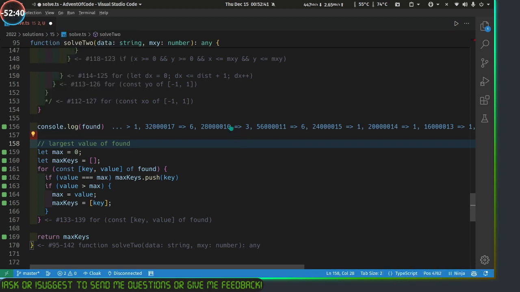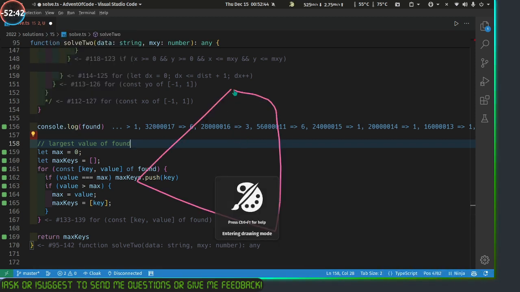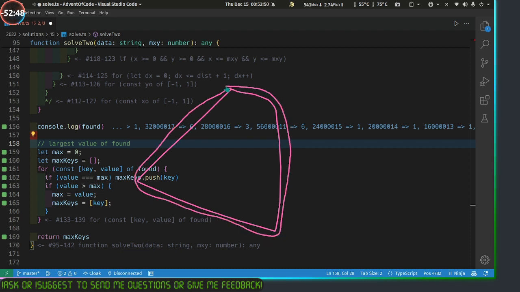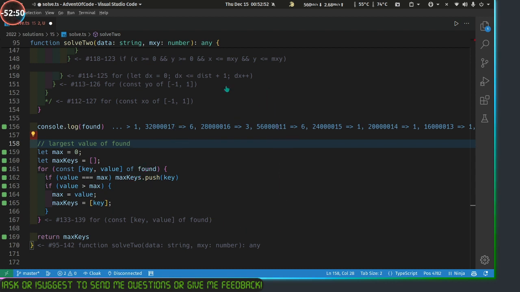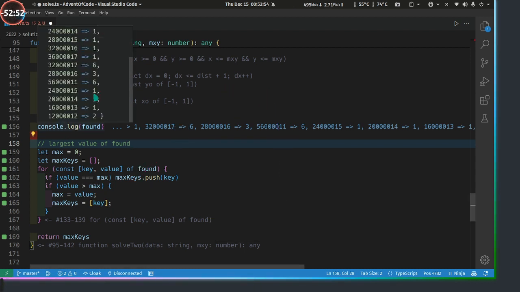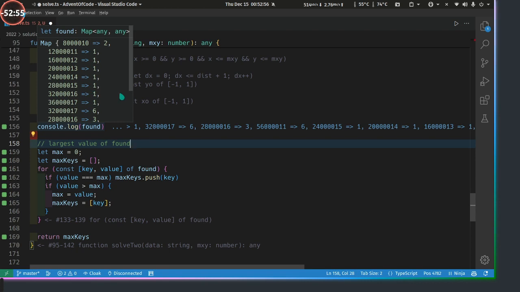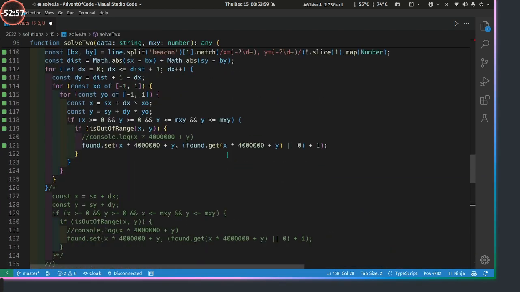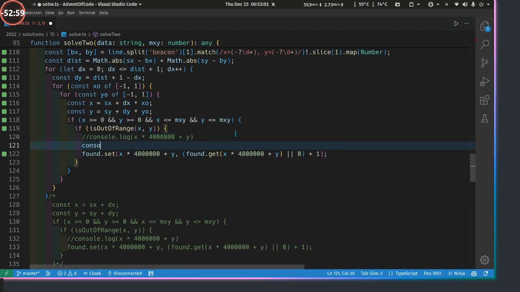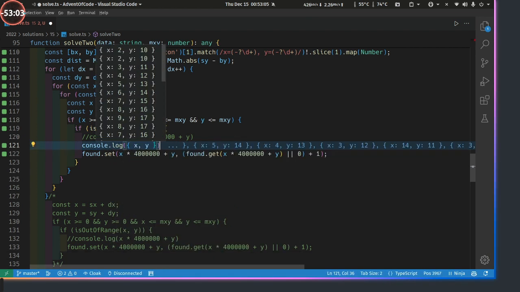Now I'm trying to search only in the edges of a diamond to see if I find a position here that is out of the range of any other sensor. I'm finding a lot more than I should. And where are my X's and Y's? Maybe we'll just log those. X and Y. Who are you people?